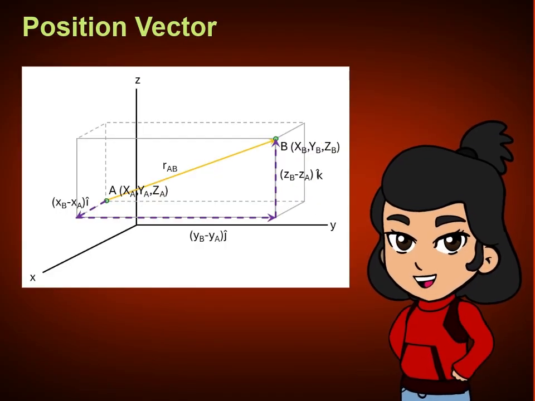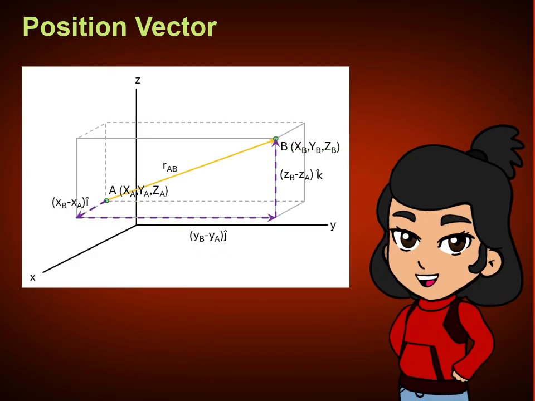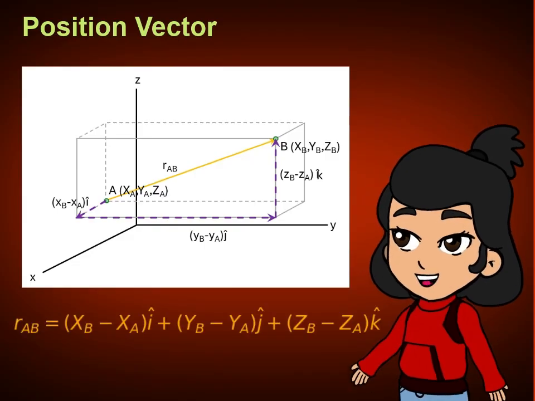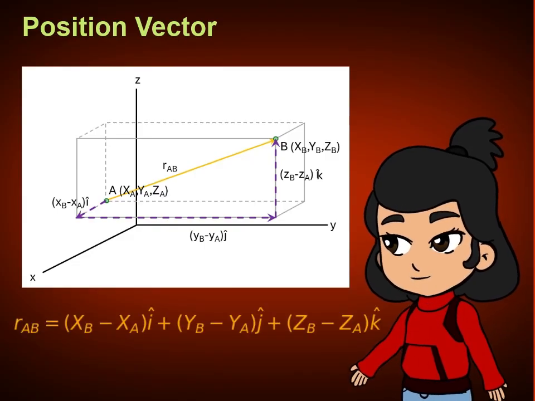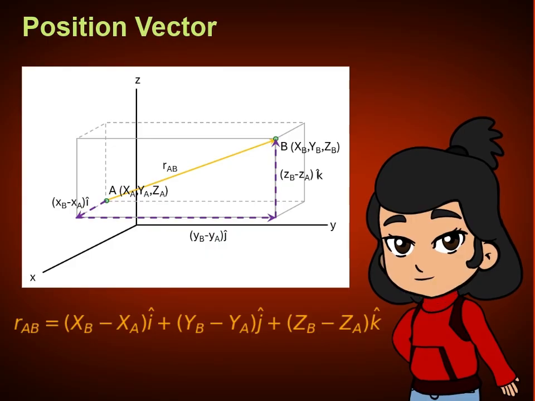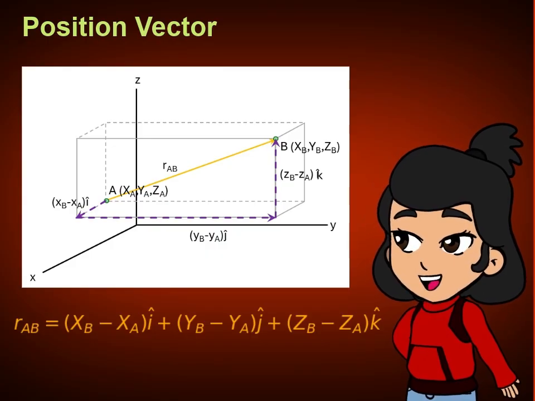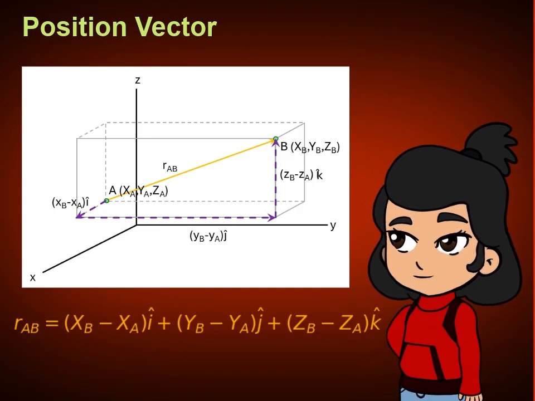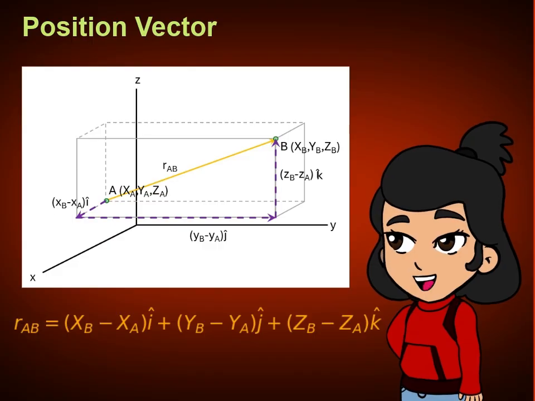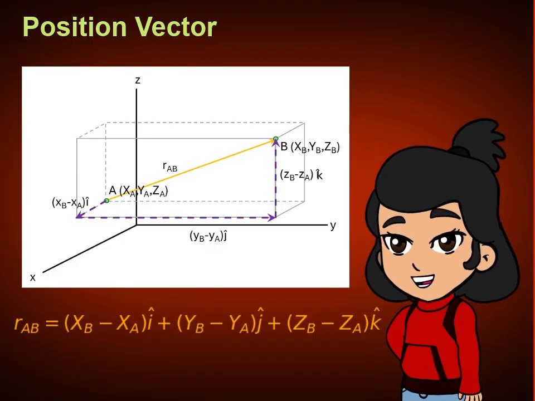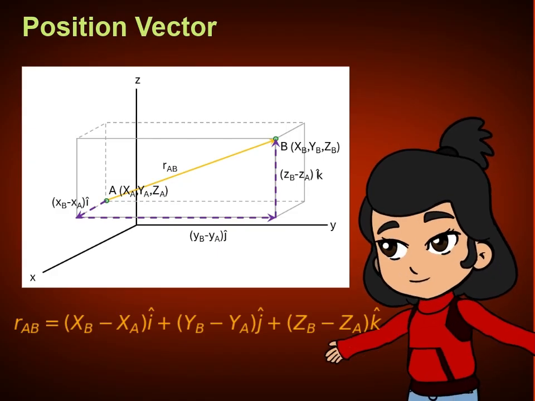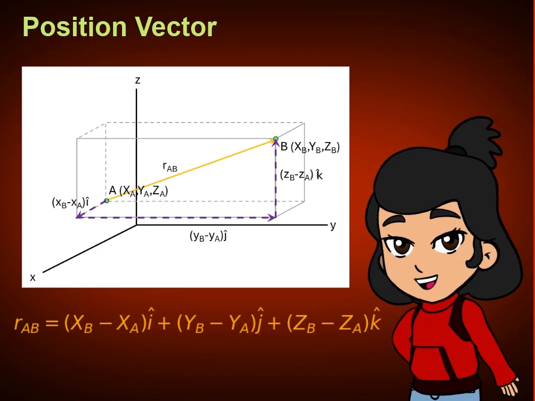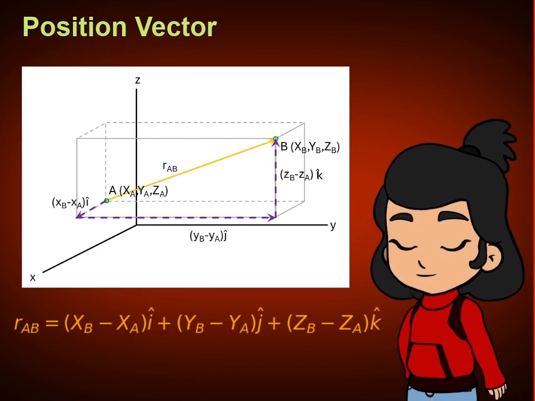Therefore, the position vector that is directed from A to B, and we'll just call that R sub AB, is defined by xb minus xa, times your i vector, plus yb minus ya, times your j vector, plus zb minus za, times your k vector.